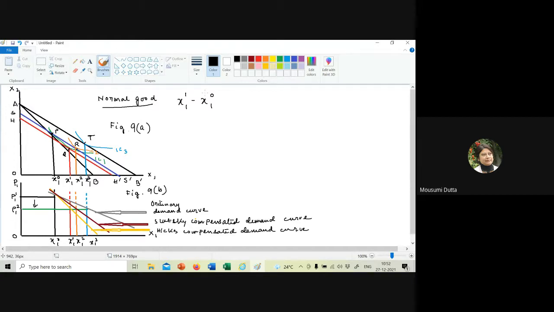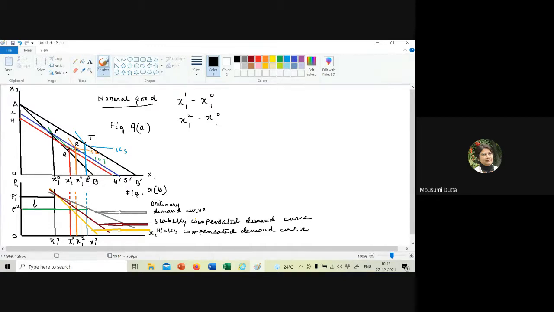Whereas the Slutsky substitution effect is x1 2 minus x1 naught.